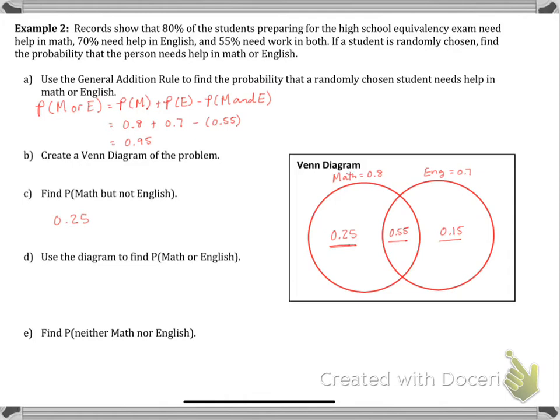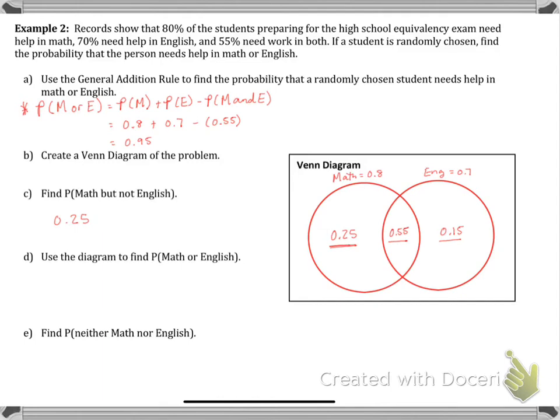Now we're going to use the diagram to find the probability that a student needs help in math or English. Notice that we already answered this above using the general addition rule, but now let's try this with our diagram instead of the formula. So, or in mathematics means one or the other or both.